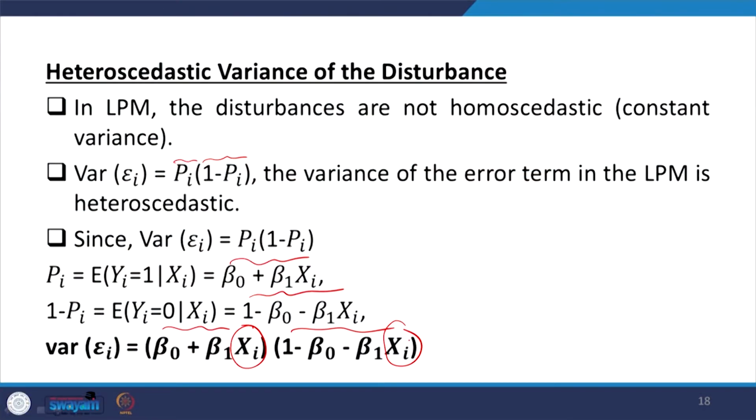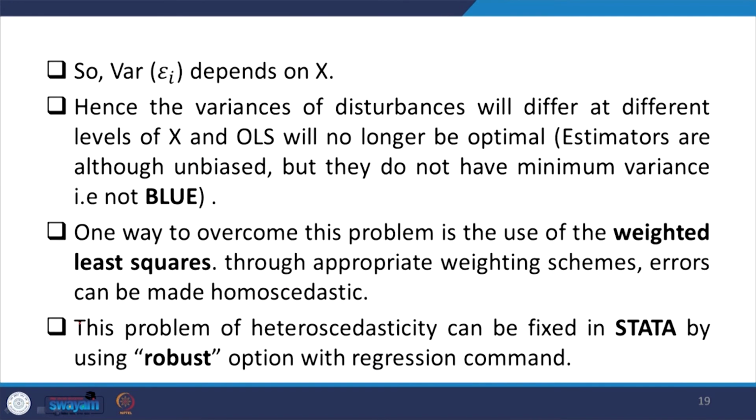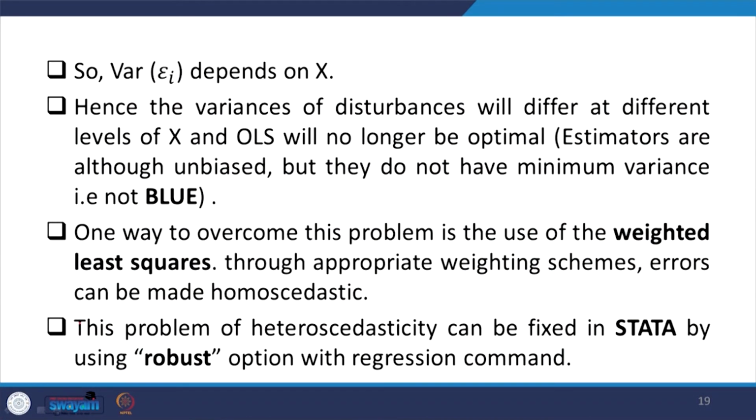In the variance result we have a variable attached called xi. So, xi no longer allows the variance to be constant, since xi varies. So, the variance is actually varying. Therefore, it is not homoscedastic. Hence, the variance of the disturbances will differ at different levels of x.